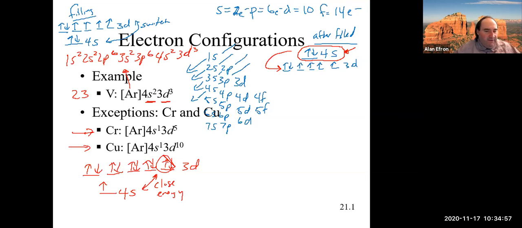In addition, if you look on the periodic table where chromium and copper are, and if you go kind of below it and a little bit to the left there, there's a lot more exceptions to how electron configuration is written. Things like silver, for example, also an exception. There's even some that have no electrons in the S's.